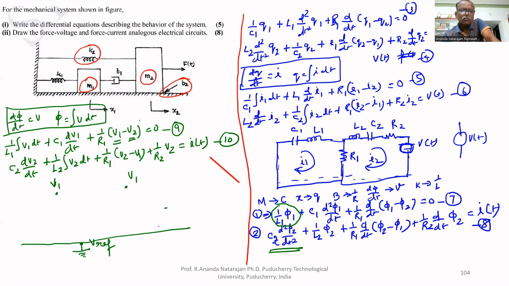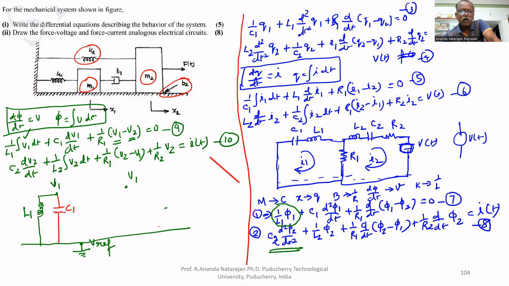Now we have to draw. L1 is between V1 and reference. C1 is also between V1 and reference.